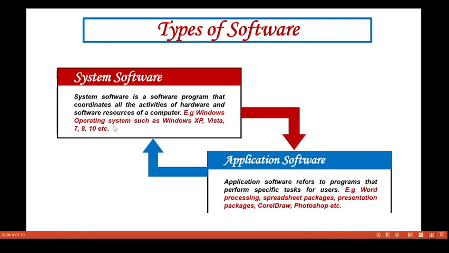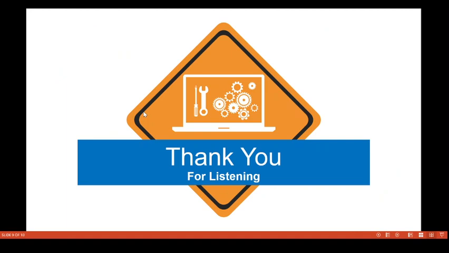Examples are the Windows operating system such as Windows XP, Windows Vista, Windows 7, Windows 8, Windows 10, and etc., and the Linux operating system, Ubuntu operating system, and etc. So this is the system software. It coordinates all the activities of hardware and software resources of a computer system.